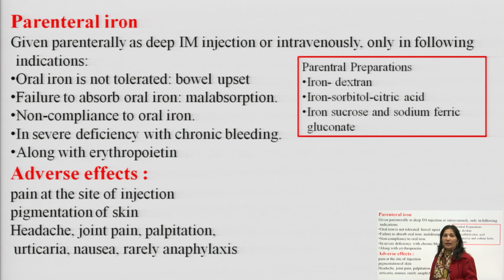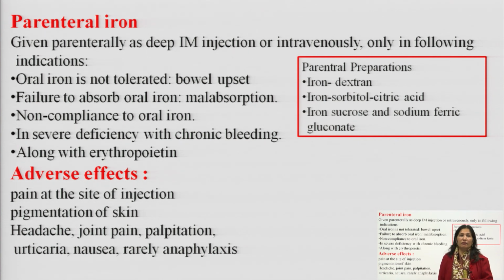Parenteral iron can be given when the oral iron is not tolerated. It is given parenterally as a deep intramuscular injection or intravenously only in the following indications: when oral iron is not tolerated because it may lead to bowel upset and gastritis; failure to absorb oral iron, that is malabsorption of iron; non-compliance to oral iron, again because of metallic taste and gastritis; and in severe deficiency with chronic bleeding.